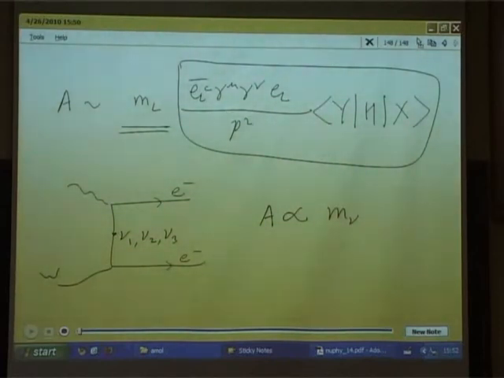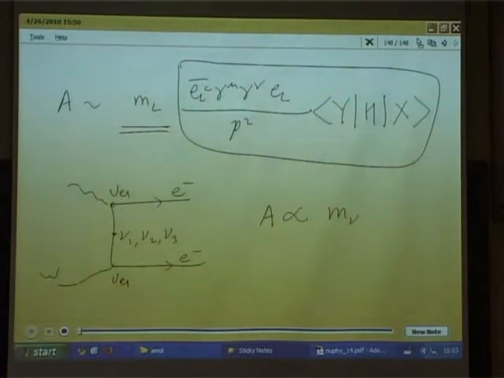Does electron neutrino couple with nu1? Yes. With what strength? In terms of U, UE1. That is the definition of it. Okay. So this vertex, if it's on nu1, this would be UE1. Even this would be UE1. Okay.